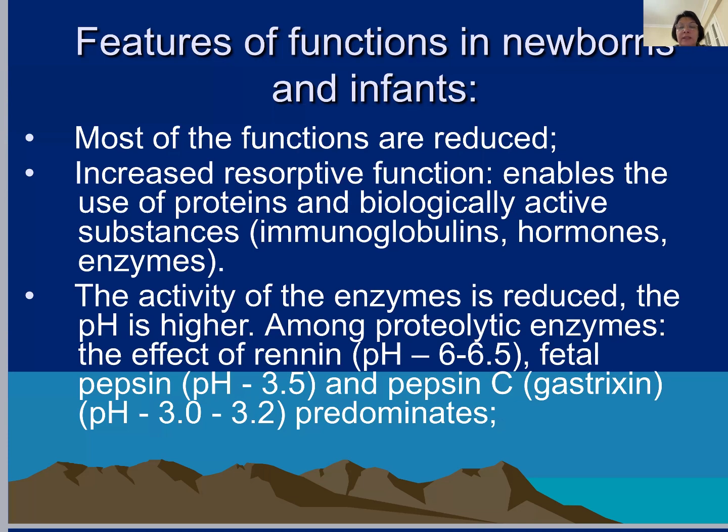Pepsin C or gastricsin will be active when pH is 3.2, and only at the end of the first year of life pepsin of adults will be active because pH gradually decreases, and at the end of the first year of life will be like in adults.